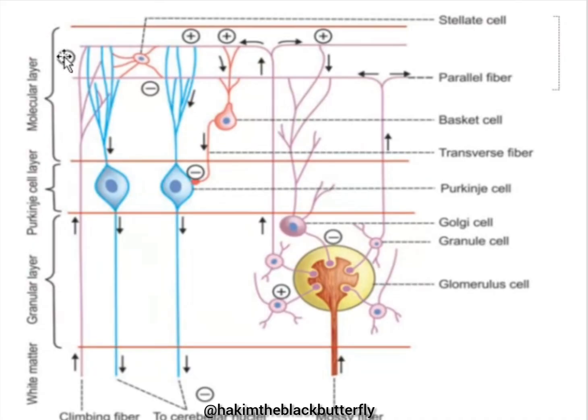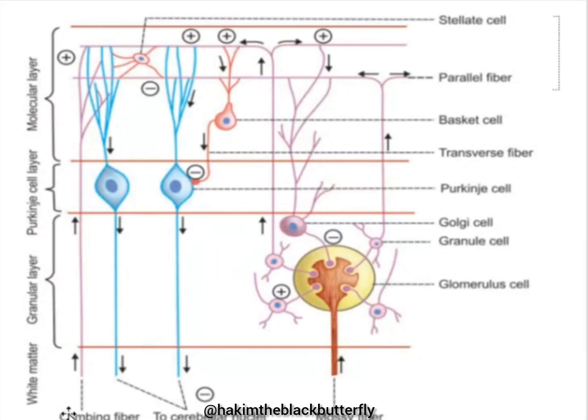That's why I have a plus. The efferent is inhibitory, and it is going to inhibit the cerebellar nuclei, which are within the white matter. And this efferent information, on top of being inhibitory, is transmitted through axons of Purkinje cells.